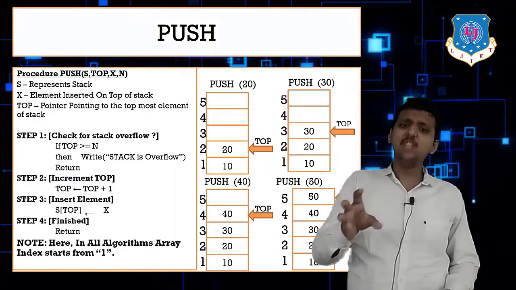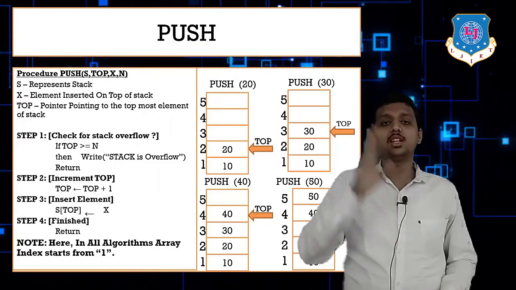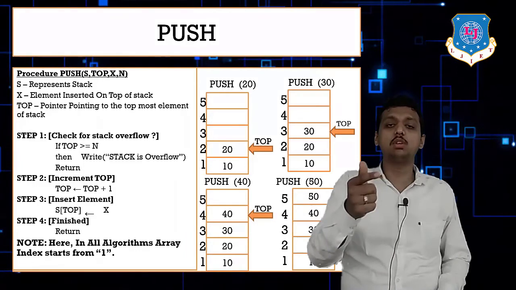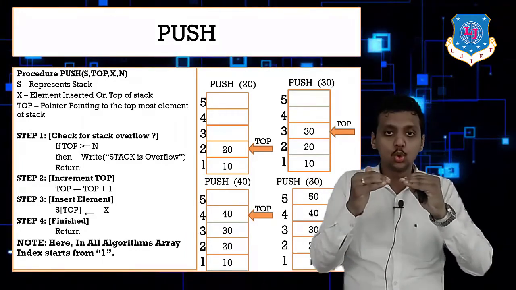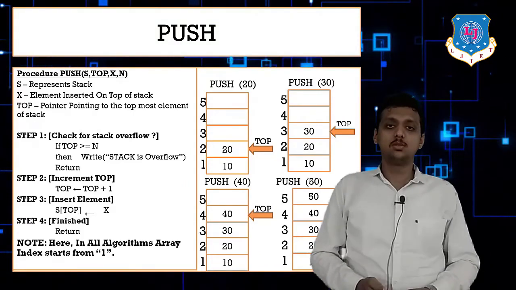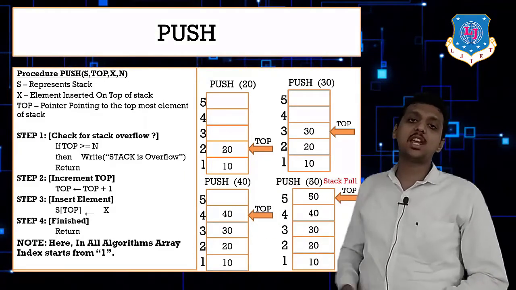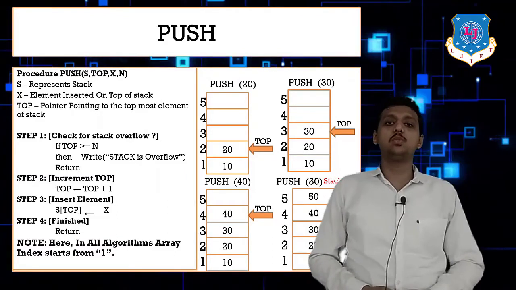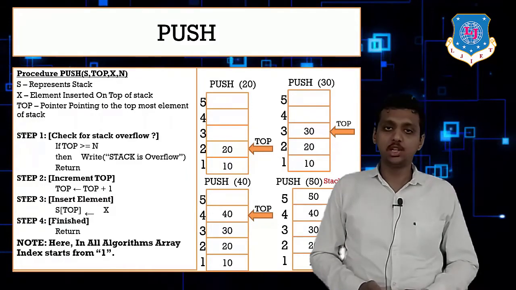Now if I want to insert again after inserting 50, and go inside the algorithm, step number 1, check whether top is greater than or equal to n. The top value is equal to 5, so the condition is true. So you cannot insert a new value because the stack is overflowing. It shows that my stack is full now. Fine, so this is how the push operation works on a stack. Now let's move ahead with the pop operation.